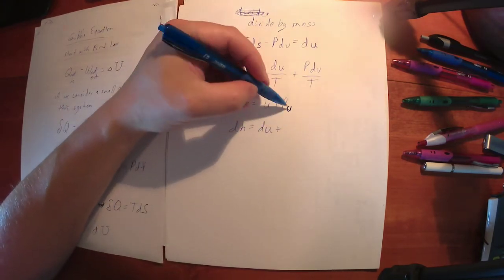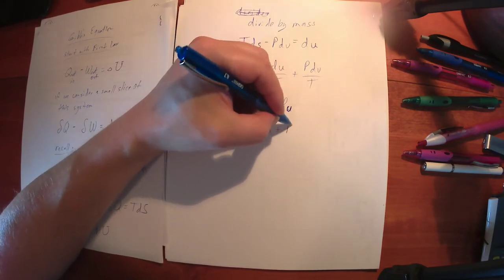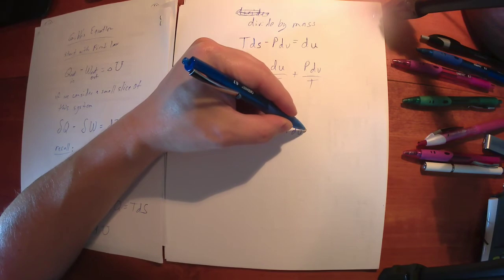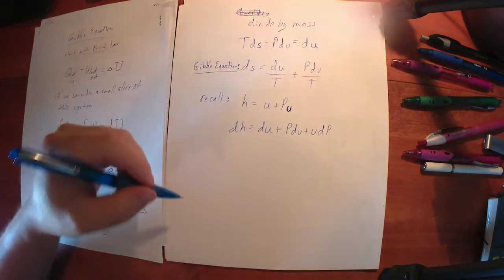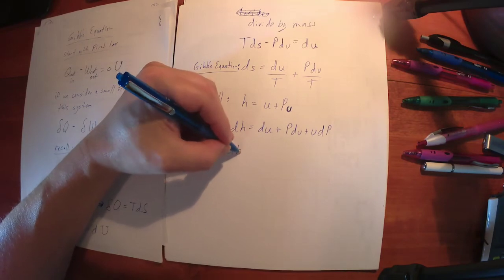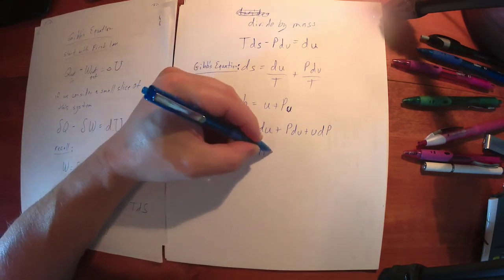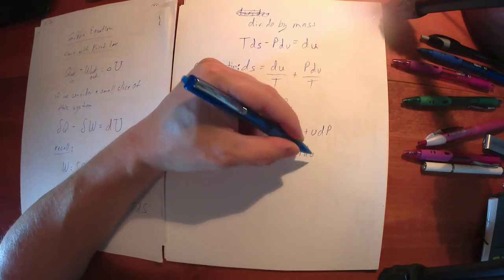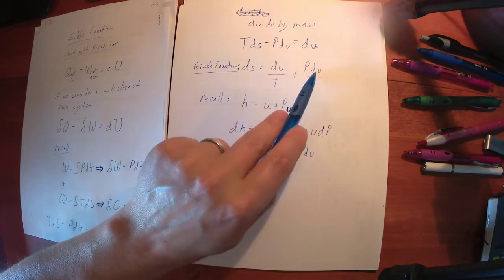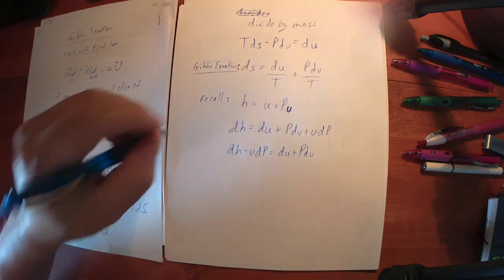For this other term, I've got a product rule I need to apply, so I've got P times V. So this is going to be P dV plus V dP, or dH minus V dP is equal to dU plus P dV. Notice this is dU plus P dV. That's the same as dH minus V dP.